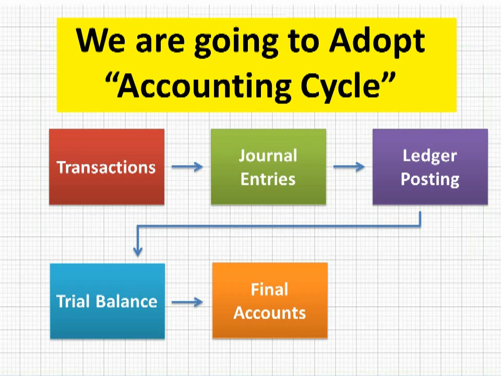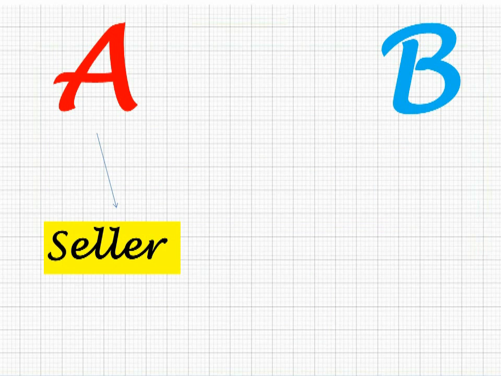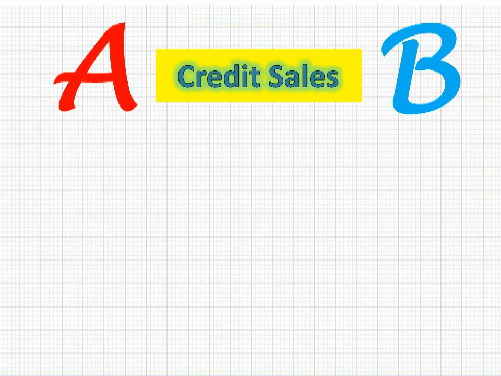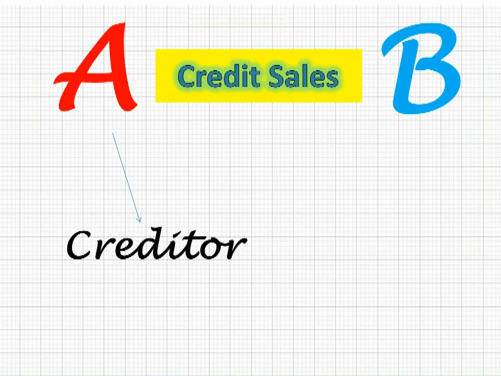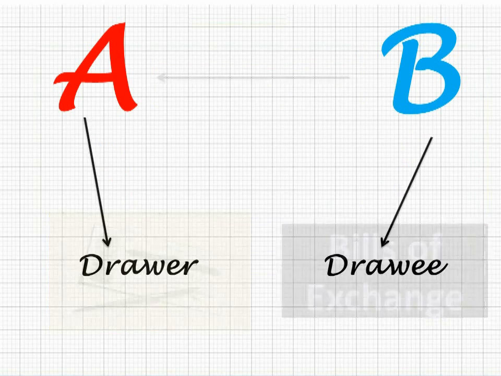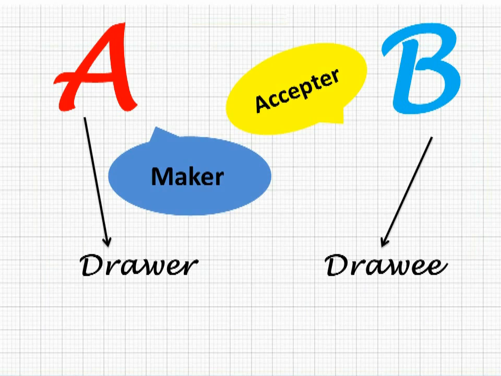So in this situation, we have got two parties involved, A and B. When they sell the goods, A is the seller and B is the purchaser. Because if it's a credit sale, A will become creditor and B will become debtor. Because B has given bill to A, A will become drawer and B will become drawee, or A will become the maker and B will become the acceptor.